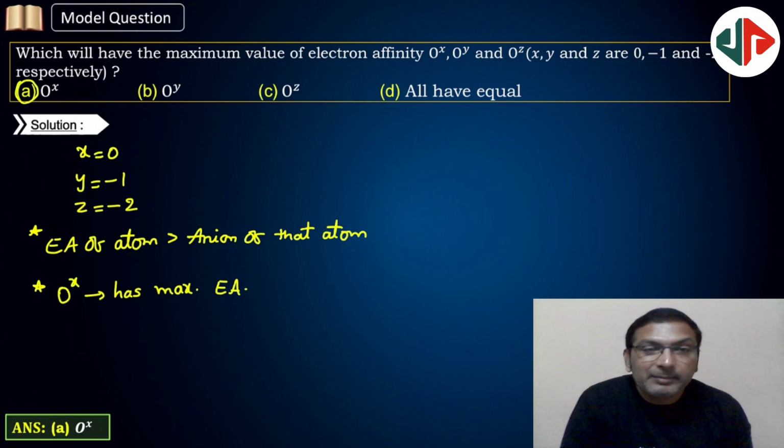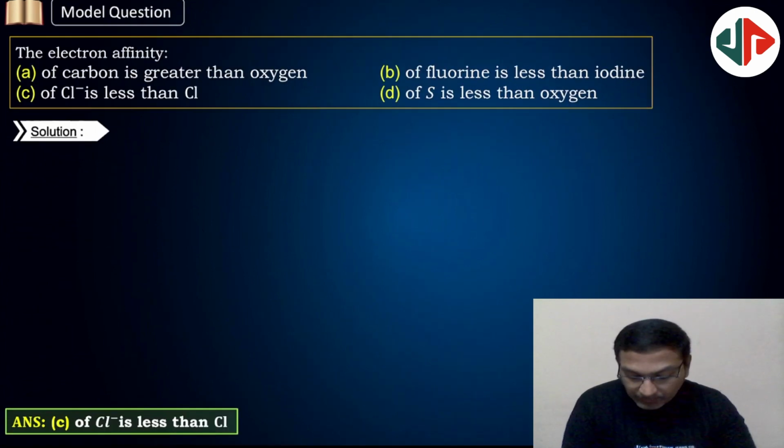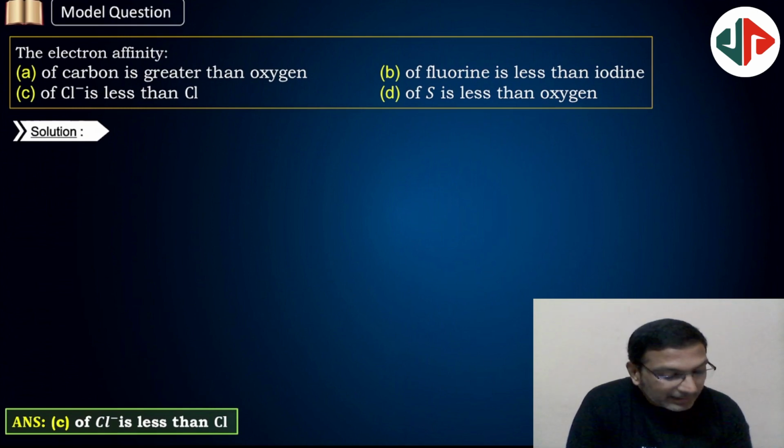So a neutral atom can accept an electron very easily when compared to an anion due to inter-electronic repulsions. That means O- will be formed very easily when compared to O2-. Here, electron affinity comparison. Electron affinity of carbon is less than oxygen, fluorine less than iodine, Cl- less than Cl, S is less than oxygen. Here we have to compare.